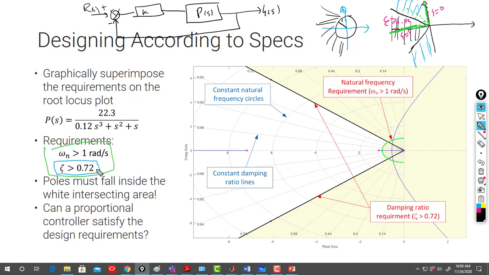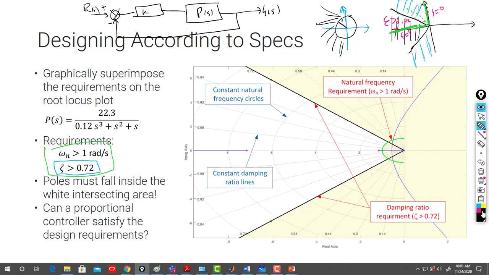So my question to you: is there any gain I can find that satisfies my requirement? No. Why do you think no? Because the blue line and the design requirement area don't meet. Very good, Kareem.